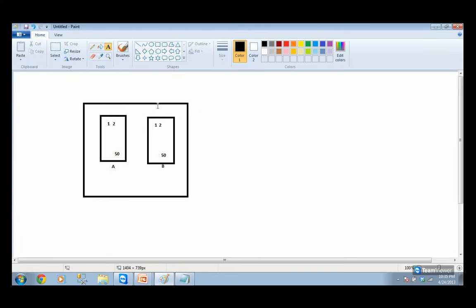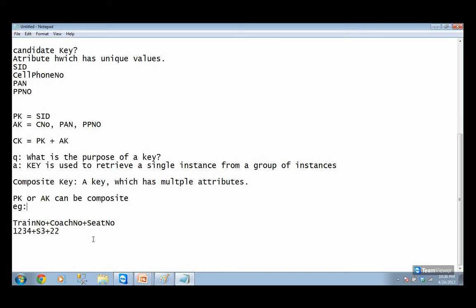Okay. Now you are going to go to this apartment, and you say, I would like to go to house number 22 or house number 15. The security will ask you, sir, which tower number? That means to identify a single house, you have to tell two things: tower number plus house number.